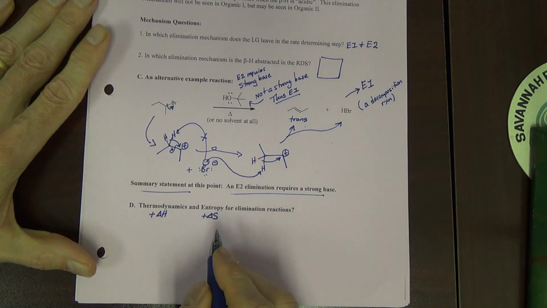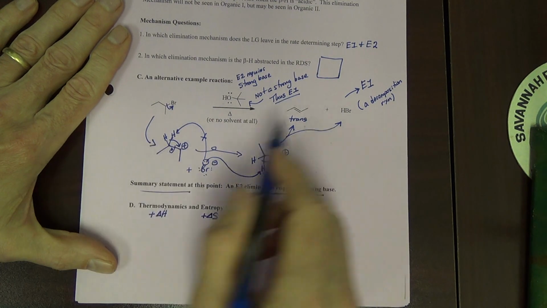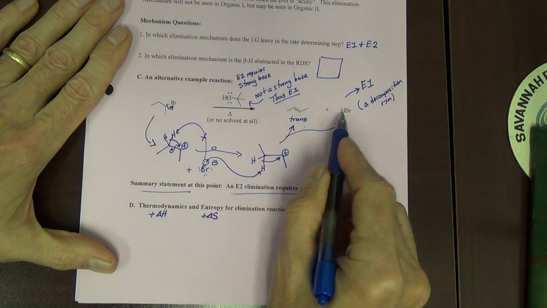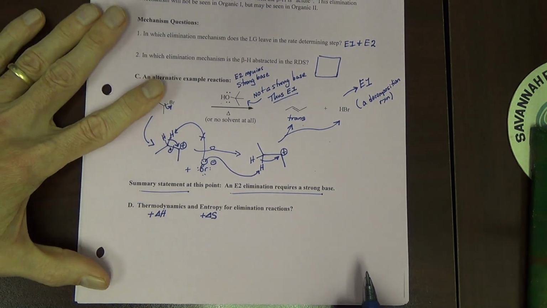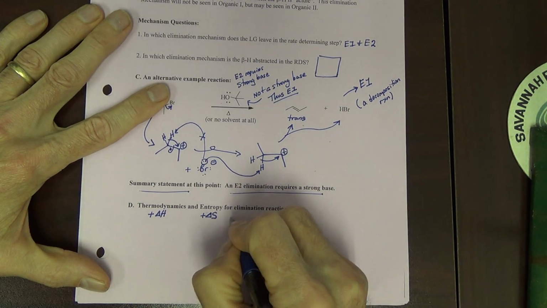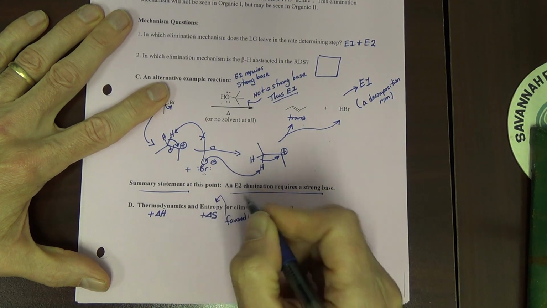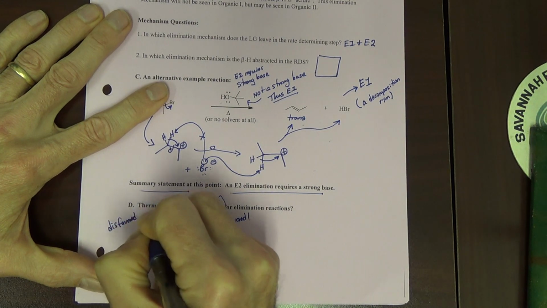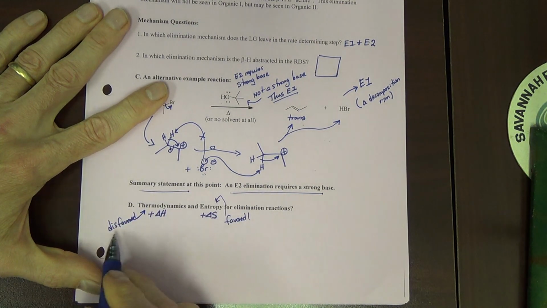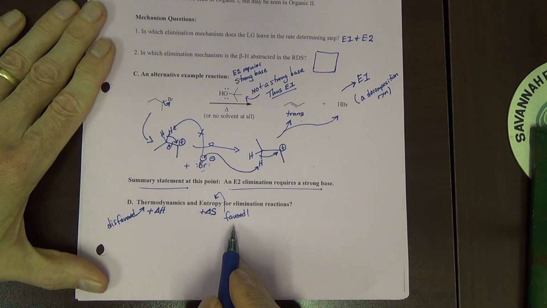We have gained disorder. Is that right? Right here, look at it. One molecule is going to two. Okay? So elimination reactions are actually disfavored. They're not favored by thermodynamics, but they are favored by entropy.